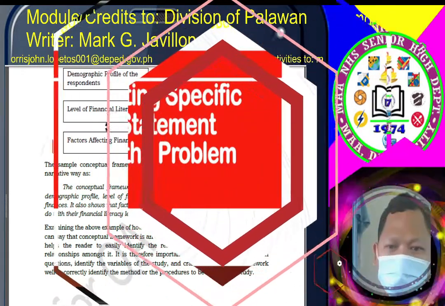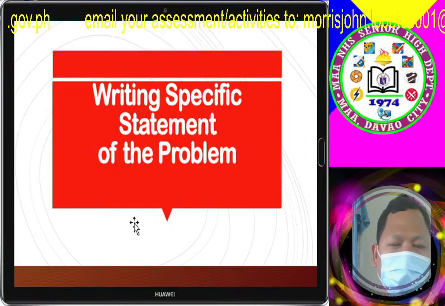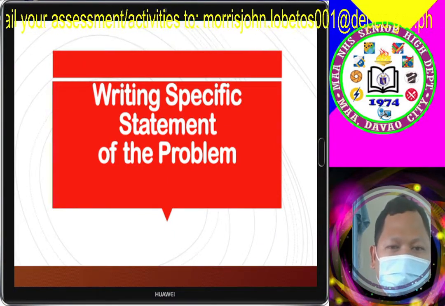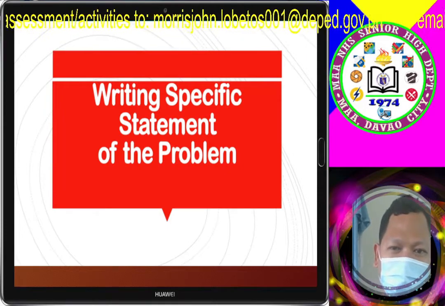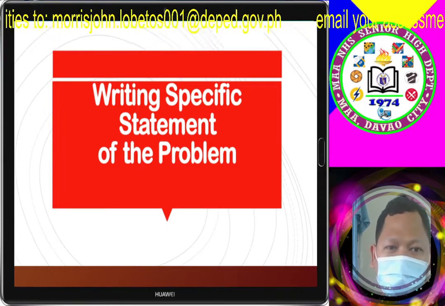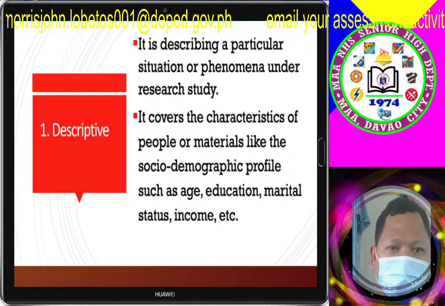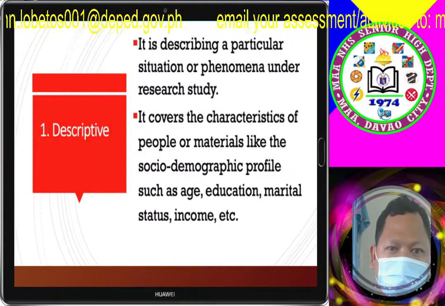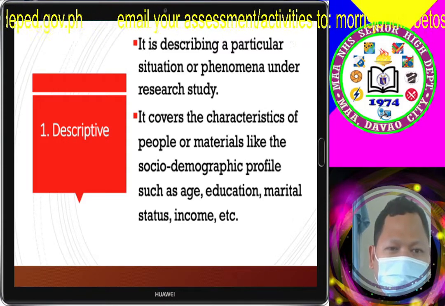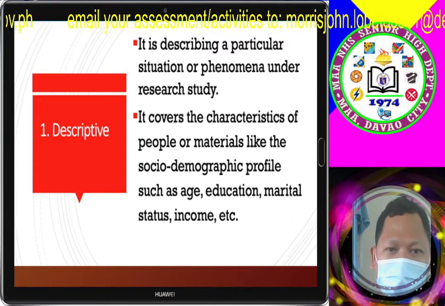Okay, so to have a step-by-step process on how to make a conceptual framework, let's review first your statement of the problem. In our set of problems, we have here these types of questions that we are going to include in your study.